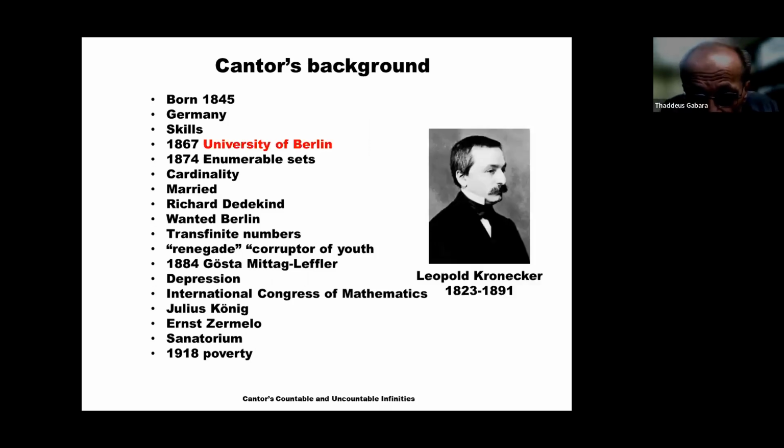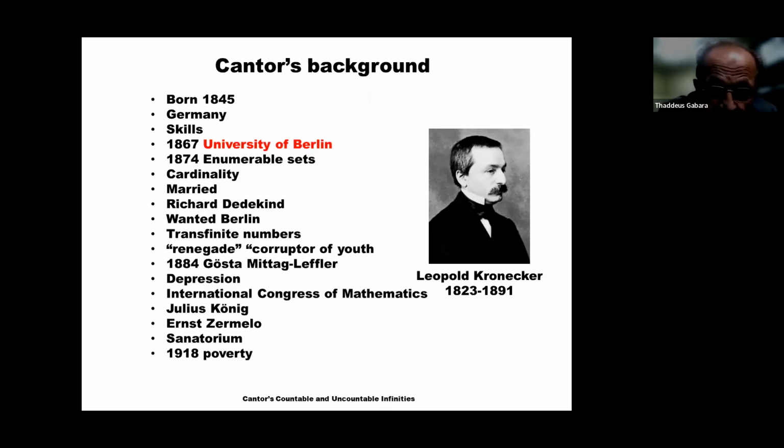He received his doctorate from the University of Berlin in 1867. And one of his professors that taught him was Leopold Kronecker. And although he was a teacher then, he was going to be a future nemesis.